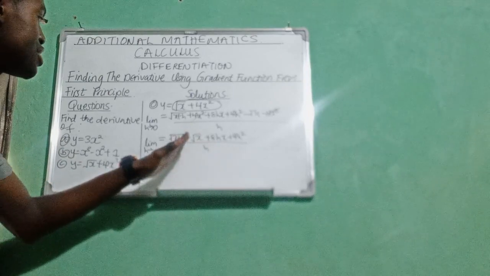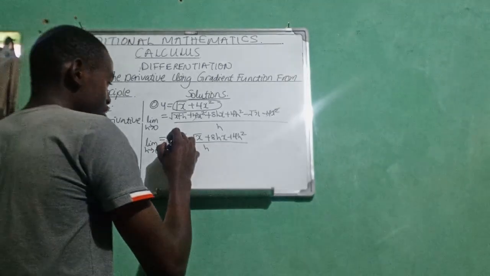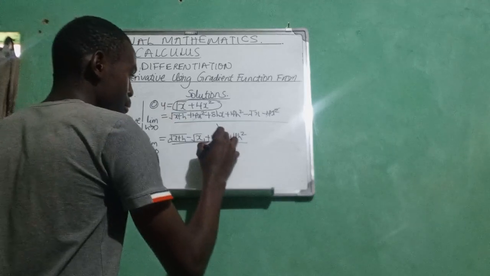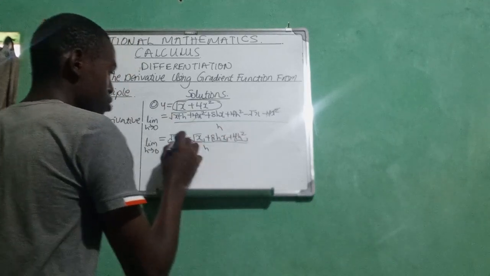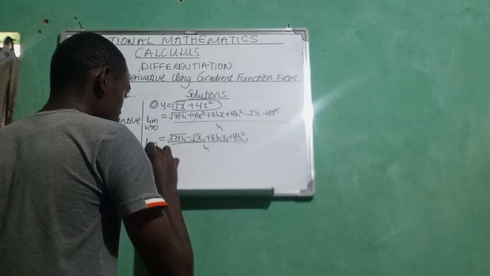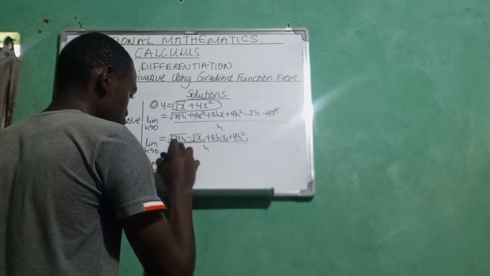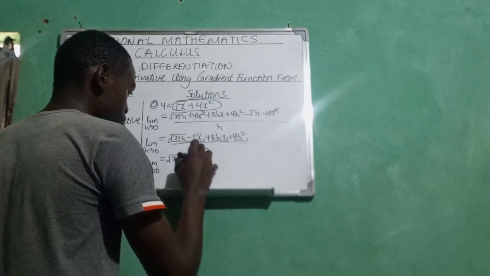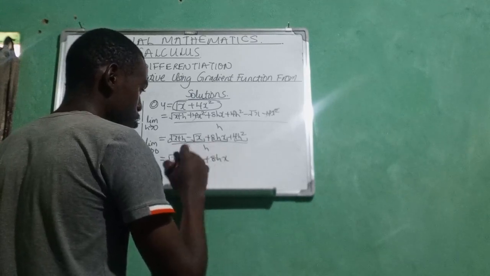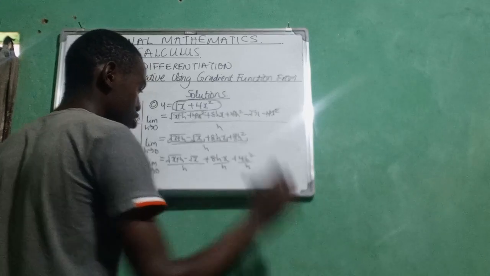Let's divide each term by h. The limit as h approaches 0 is square root of x plus h minus square root of x divided by h, plus 8hx divided by h, plus 4h squared divided by h.